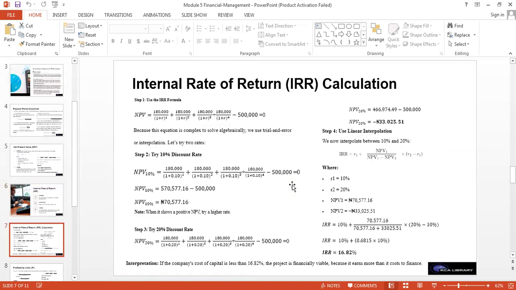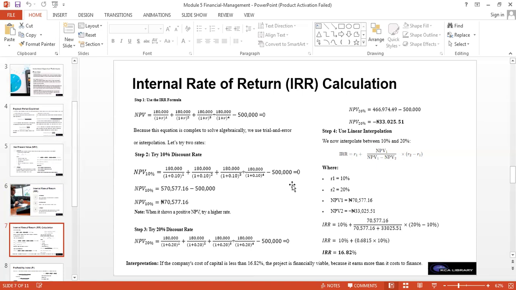the first step is to use the IRR formula, which we have done here. Because this equation is complex to solve algebraically, we use trial and error, or interpolation. So we try two rates.